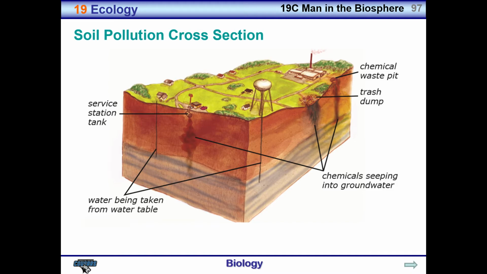Modern laws have made this less of a problem, but older service stations, maybe more in rural areas, that have been around a very long time, their tanks will rust and eventually start leaking gasoline and things like that down into the soil. So all of these are ways that the soil can be contaminated or polluted.